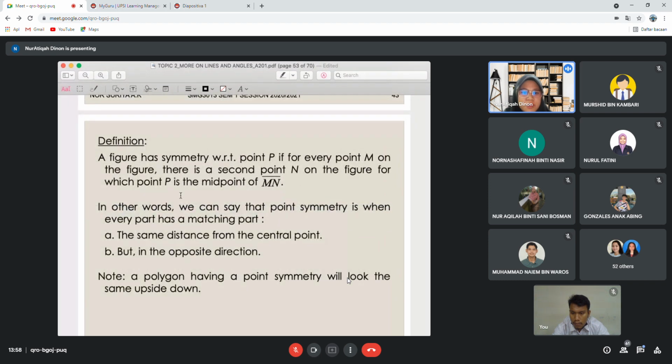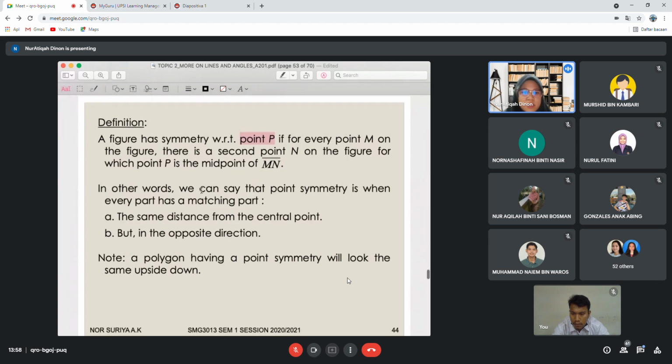A figure has symmetry with respect to point P if for every point M on the figure, there is a second point N on the figure for which point P is the midpoint. This definition and the previous one are similar, but the previous one is with respect to a line, and this one is with respect to a point.